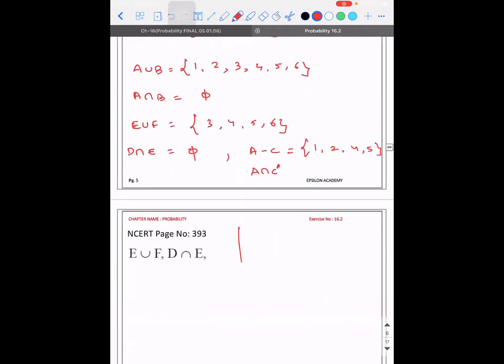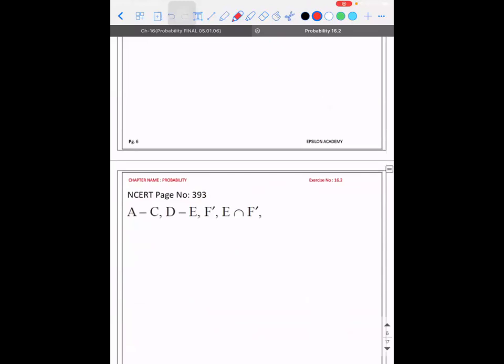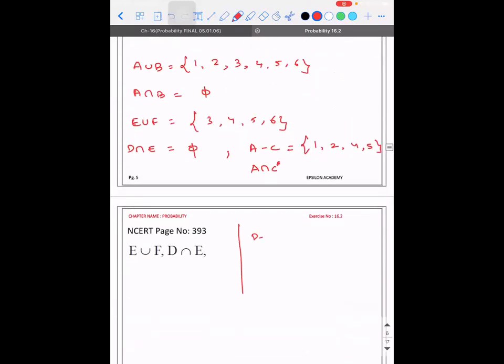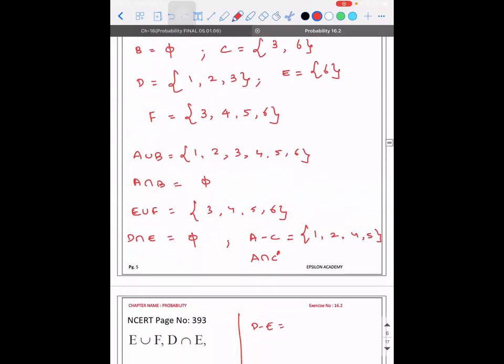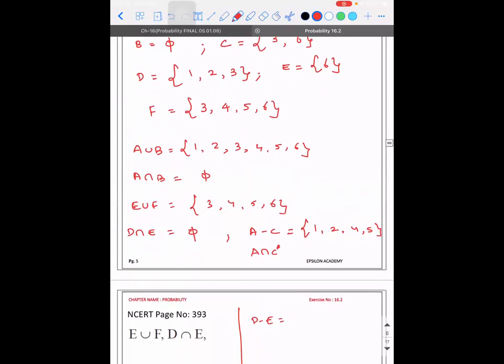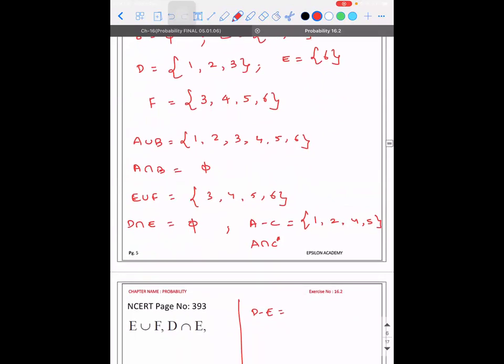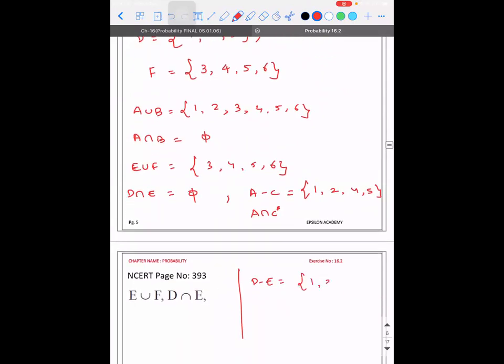Similarly, what are they asking? D minus E. What is there in D which is missing in E? 1, 2, 3. Just 1, 2, 3.